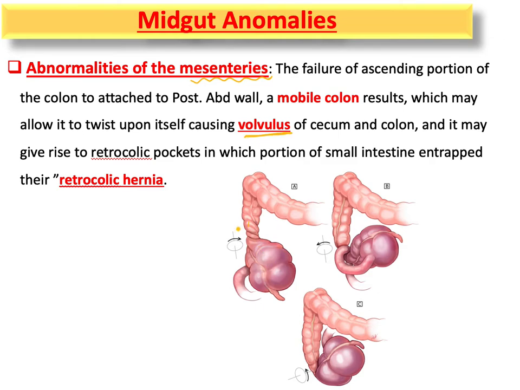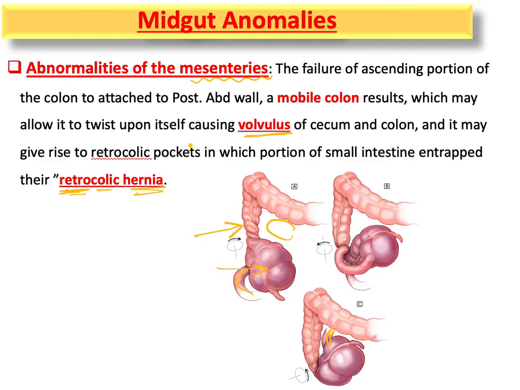It can be volvulus of the cecum and also volvulus of the colon, and it also gives a chance for the small intestine to be entrapped behind it, something called retrocolic hernia, retro meaning behind. That means part of the small intestine herniated behind the ascending colon and cecum there.